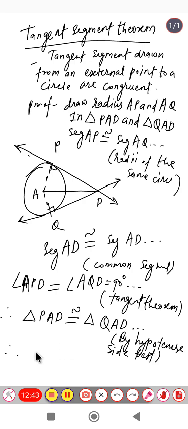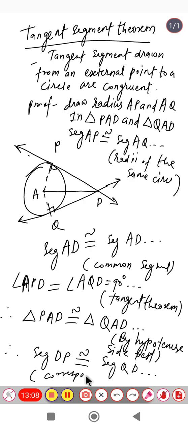Therefore we can say that segment DP is congruent to segment QD, by corresponding sides of congruent triangles, or CSCT for short.